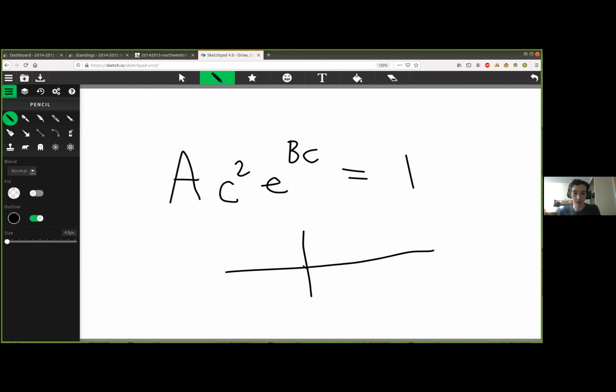So this function is always increasing with C. When C is 0, the left hand side is 0, and then it's increasing to infinity. And we want to find where it's 1. So for this, you can use bisection. At this point, it's below this line, and then you can find some point here where it's above the line, and then you can check the midpoint, and so on.